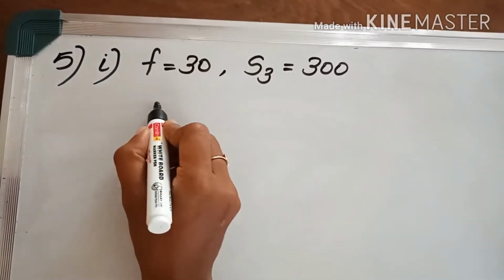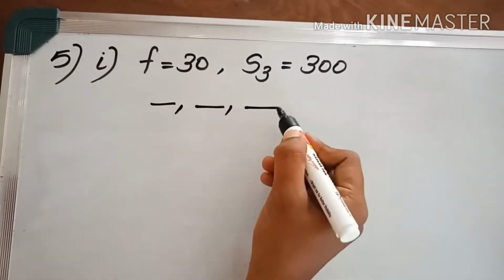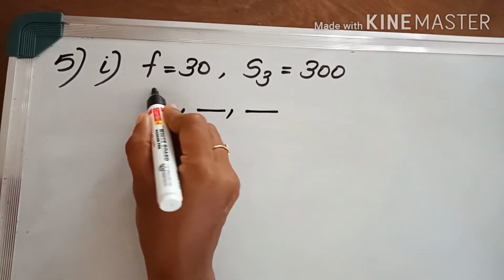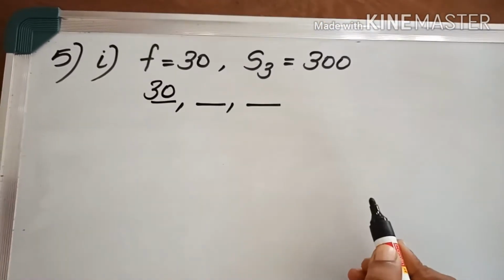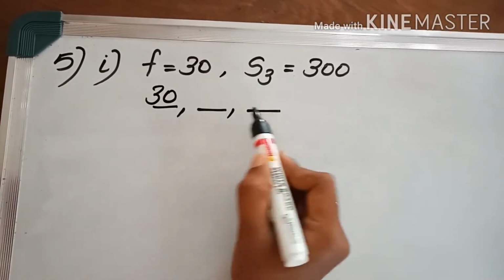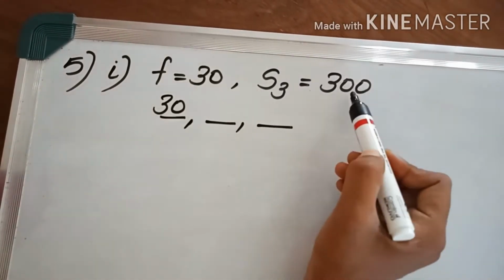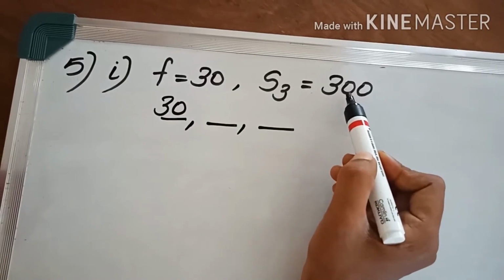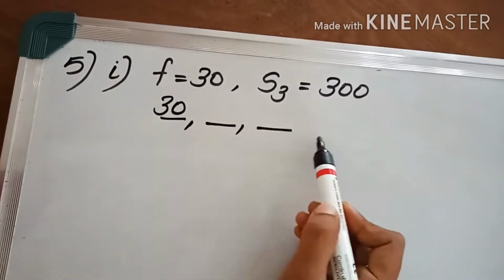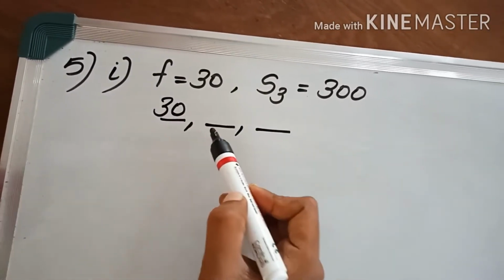So S3 means first term, second term, third term. These 3 terms sum is 300 and out of these 3 terms the first term is 30. Now here 3 terms means it is an odd number, isn't it? Here first term plus second term plus third term sum is 300. So in order to get the middle number, out of 3 numbers the middle is the second number.